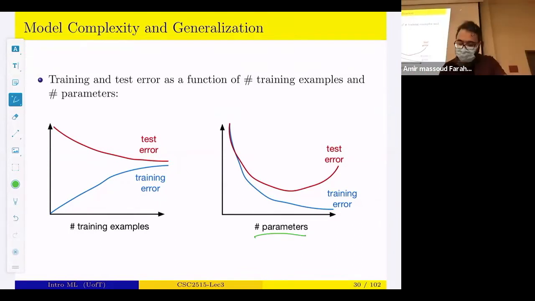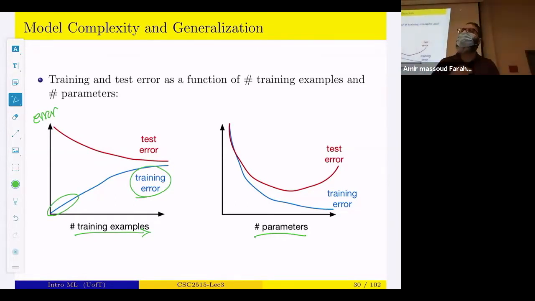So if we increase the number of training examples, and this is error, in the beginning the training error can be very small. But then as we increase the training examples, you generally see an increase of training error.